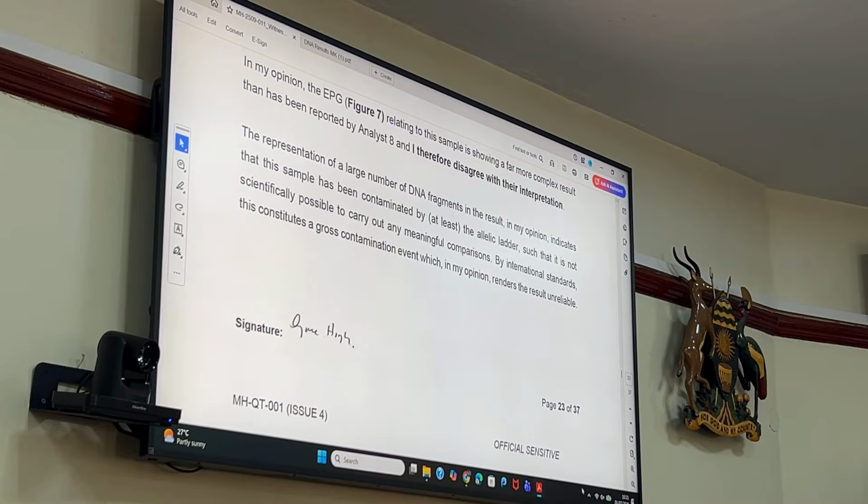No, again, an investigation needs to be launched as to how that ladder came to be in that sample. And if it came from, say, the extraction stage? The ladder is only introduced into the DNA profiling process at the separation stage.